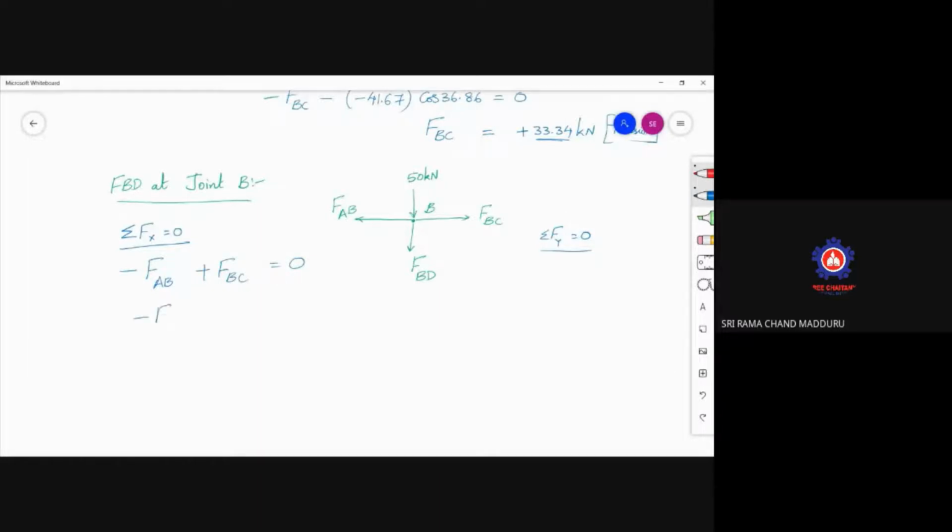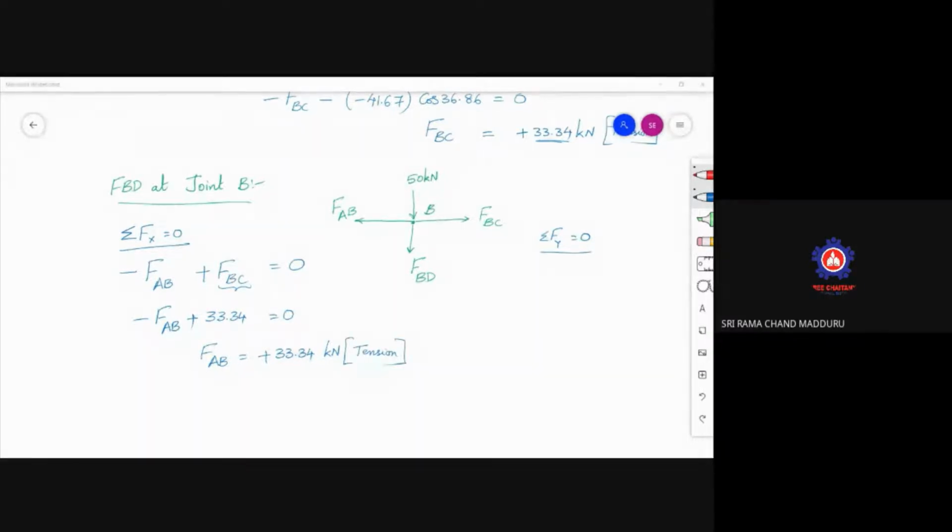So minus FAB plus, what is the value of BC? In the previous step you calculated 33.34. Minus FAB plus 33.34 is equal to 0, which implies FAB is equal to plus 33.34 kilonewtons. And this is the indication of tension. So FAB is a tensile force.